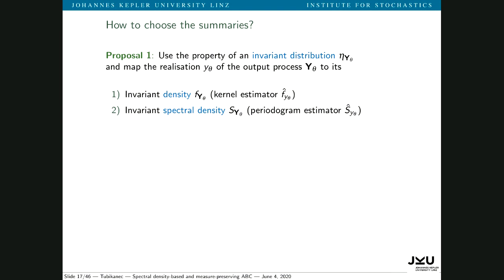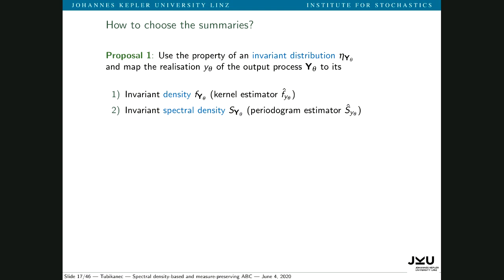So I'll try to explain again. Imagine you have a realization, a path y theta, from the output process. What we do is take this data set and use it to estimate the invariant density of the model by using a standard kernel density estimator.